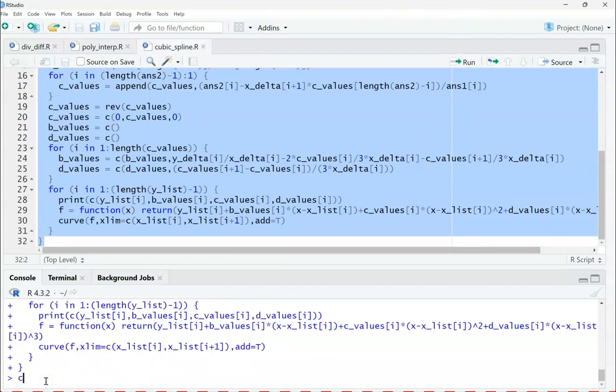Let's see what this looks like. Hopefully the values that we come out of this will match. By the way, there is a cubic spline function built into R as well in the pracma library. But it's no fun if you can't do it yourself.